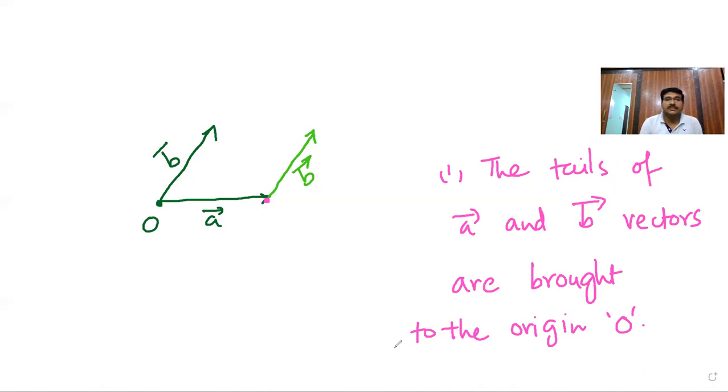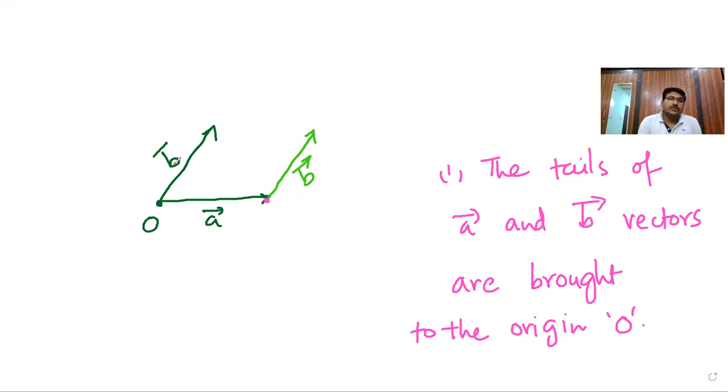Here, first step in parallelogram law: two vectors, if I want to add A bar, B bar, the tails of them are brought together at origin O. Clear? We have done this first. Then I want to add these two.